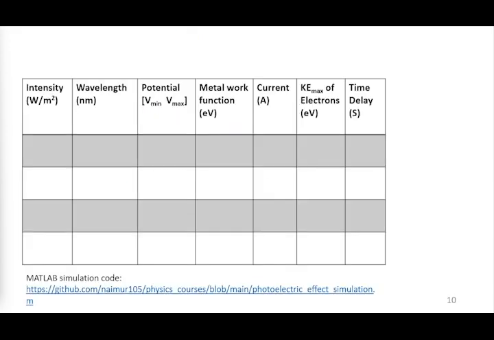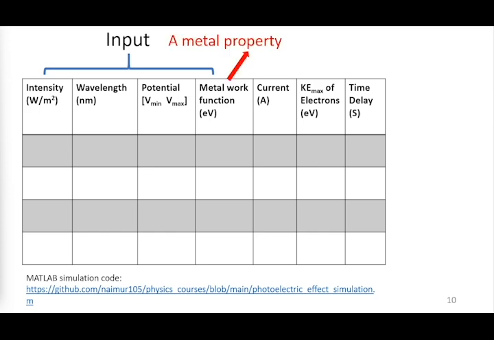So we can now gather some data and analyze the effect. We can set up the intensity, wavelength, and have a potential range as our input parameters. And what is this metal work function? For now, let's just say it's a metal property.